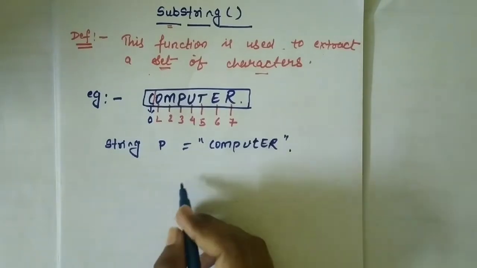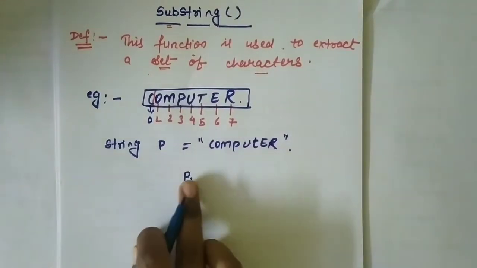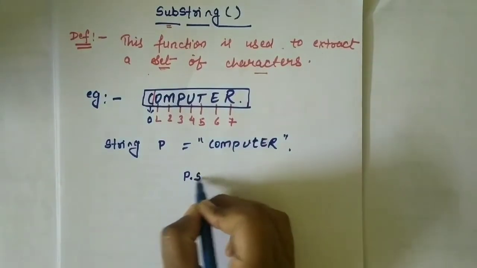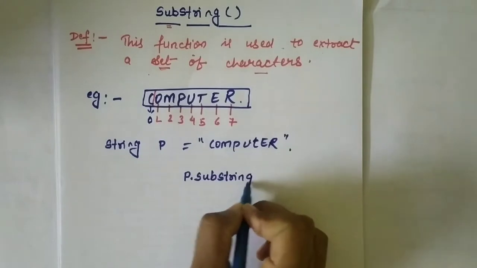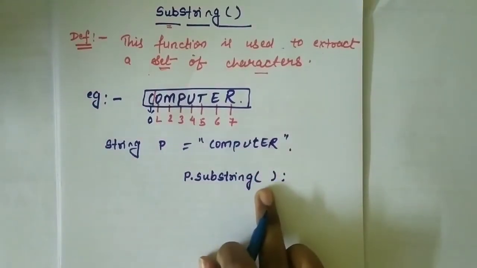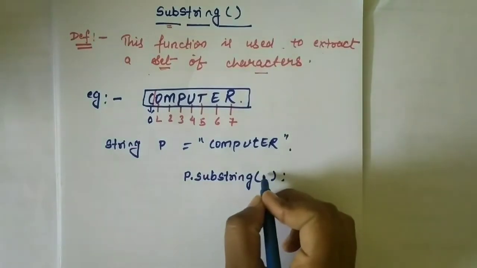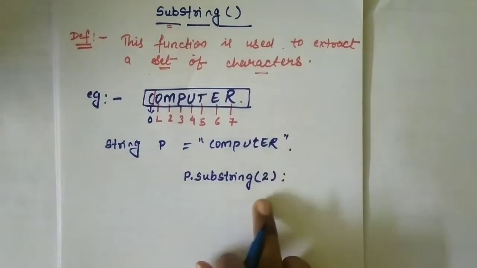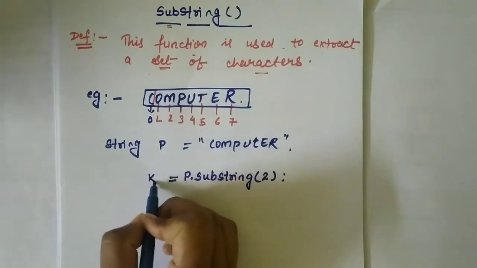Firstly write the variable, so the variable is p dot substring. In the bracket we have to write a number, which is the index number. Suppose I write here 2, and store it in a variable k.